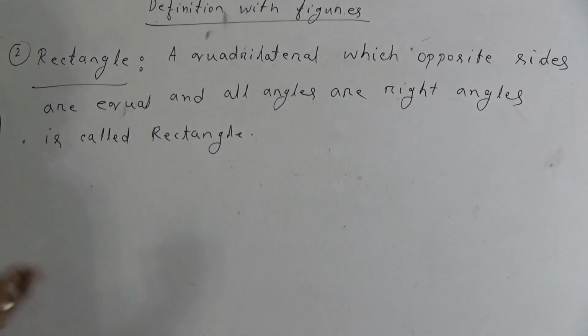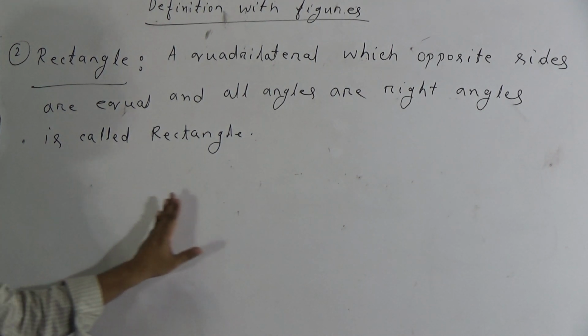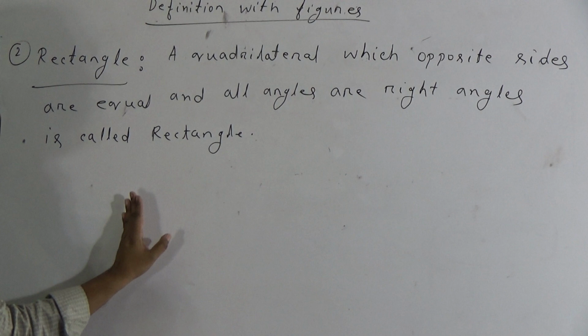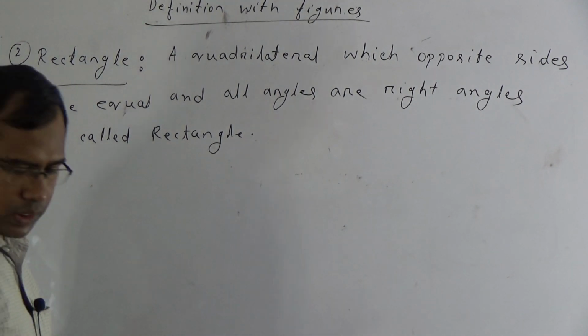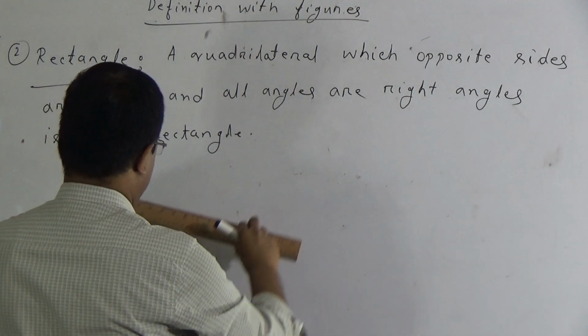Dear students, rectangle is a quadrilateral, but in this quadrilateral the opposite sides will be equal and all angles will be right angles, that means 90 degrees.